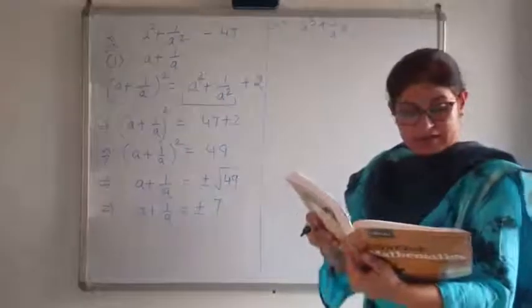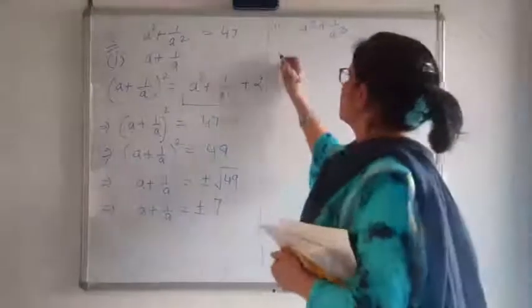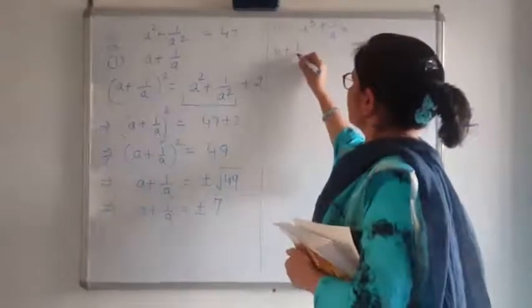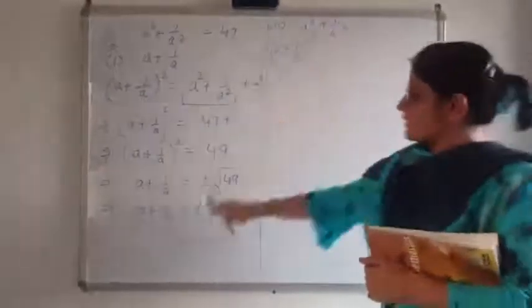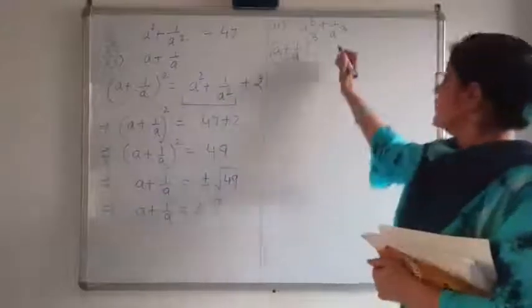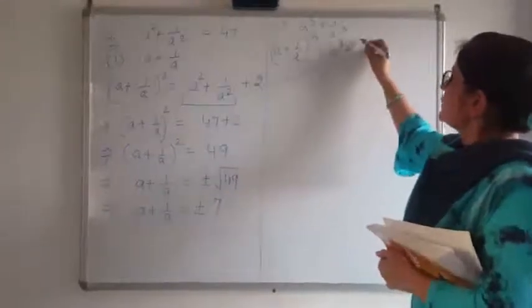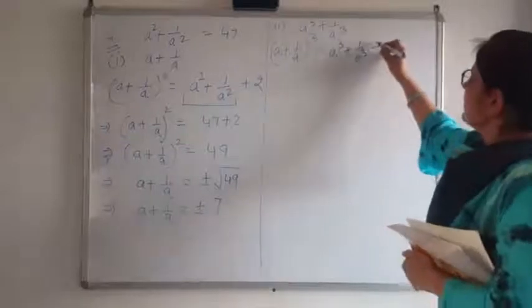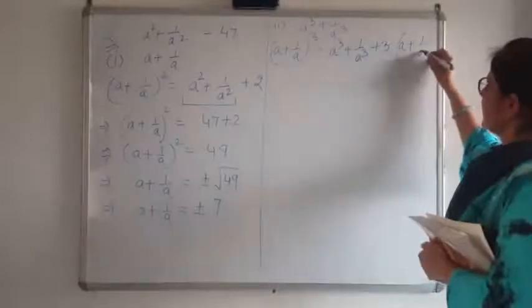So here we take the term and apply the identity of a cube. We take the same term and apply the identity because this value we have already found here. So what is the identity? a cube plus 1 over a cube plus 3 into (a plus 1 over a).